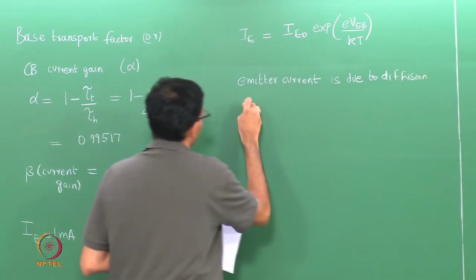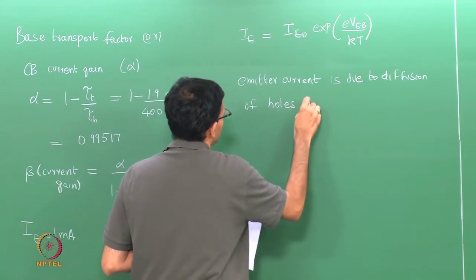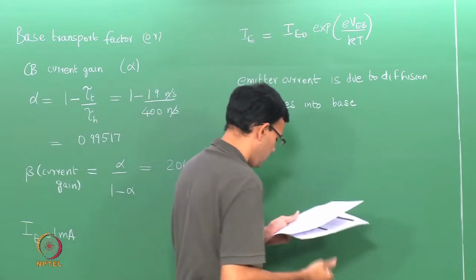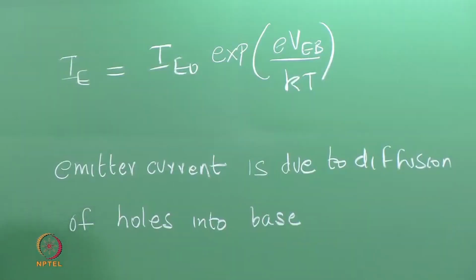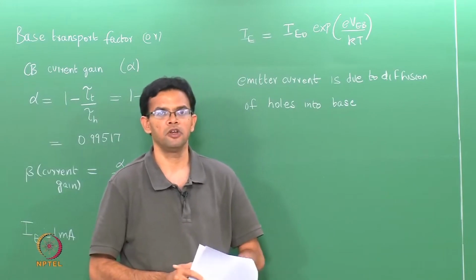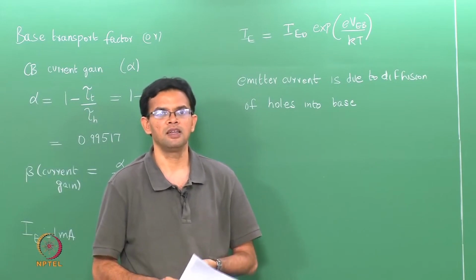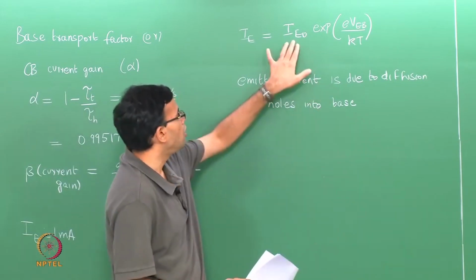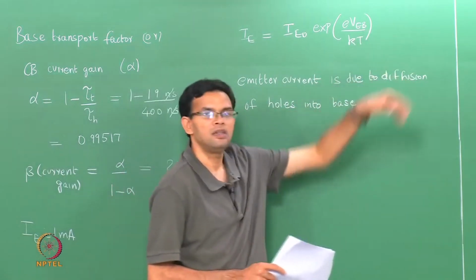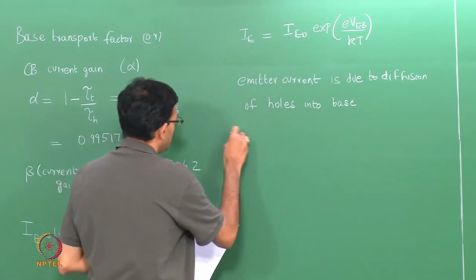In this particular case, these are holes diffusing into the base. So, if you look at this expression, this is very similar to the expression that we got for a PN junction under forward bias. In that particular case, it was I naught exponential eV over kT minus 1, but usually that can be neglected.